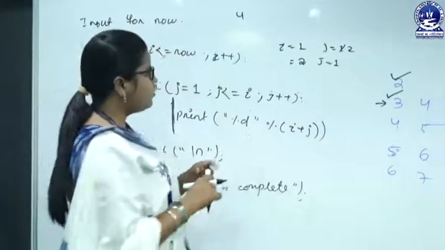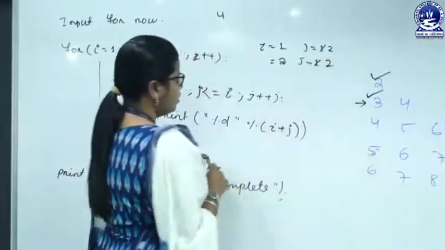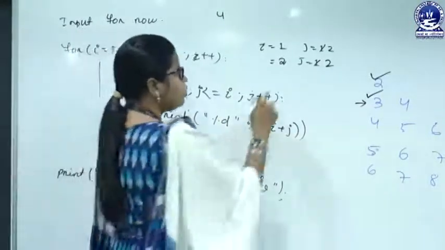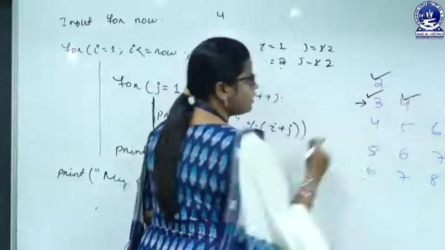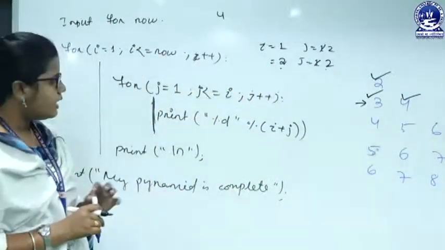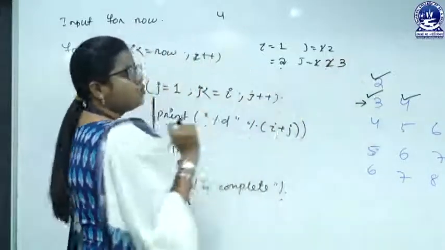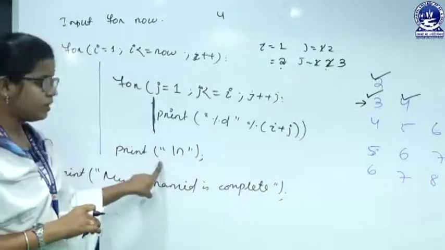Then J will be 2. 2 less than equals to 2, true. Then 2 plus 2 is 4, 4 will get printed. Then J will be 3. 3 less than equals to 2, condition false.